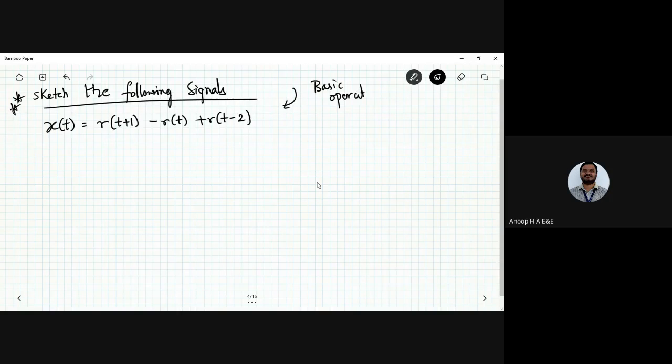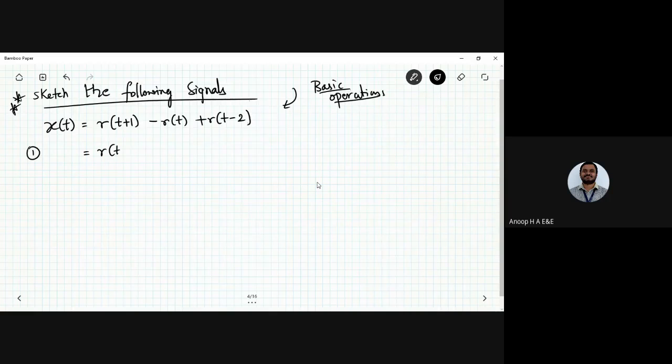It is quite simple. What we had done in the unit step function, the same thing would be followed here. So let me sketch the signal for r of t plus 1, next r of t, we already know it, next r of t minus 2.